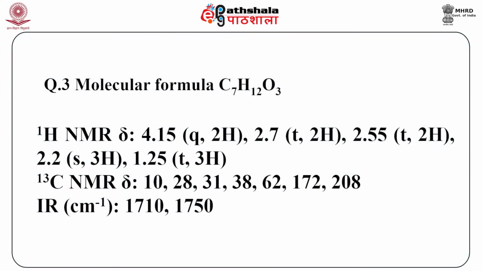Next question. A given organic compound has the molecular formula C7H12O3. The NMR spectroscopic data shows peaks at 4.15, a quartet for 2 protons, a triplet at 2.7 delta again for 2 protons, 2.55 a triplet for 2 protons, a singlet at 2.2 for 3 protons, and a triplet at 1.25 for 3 protons.